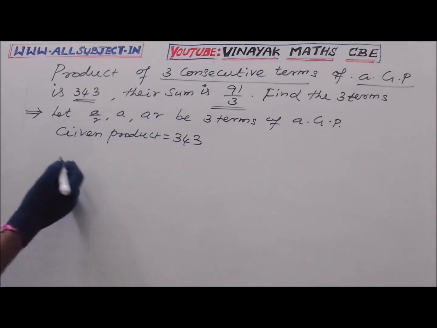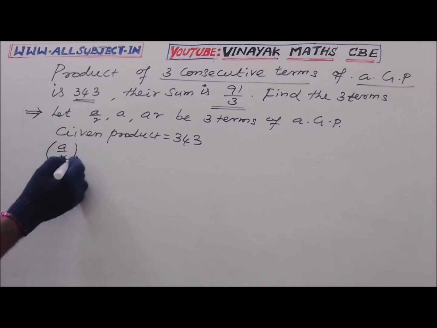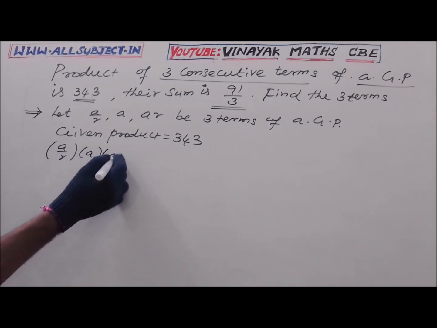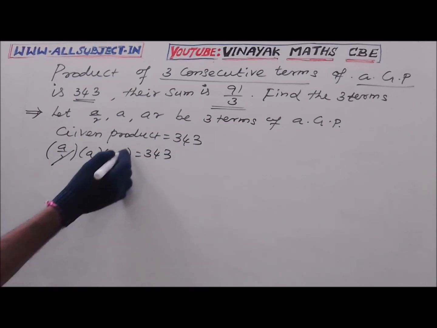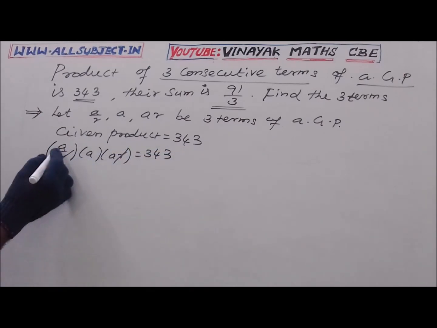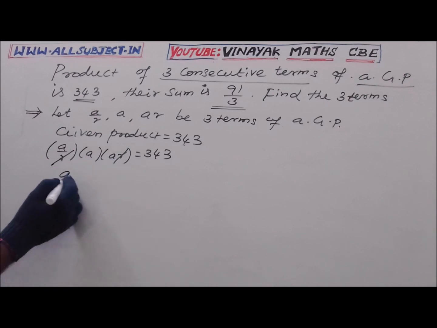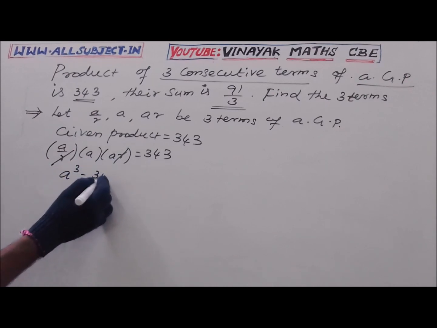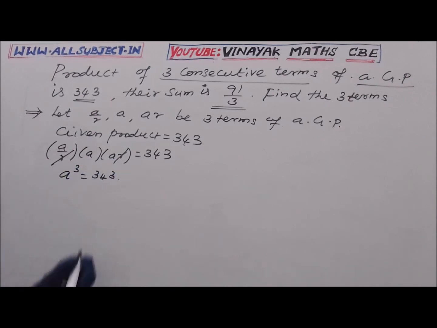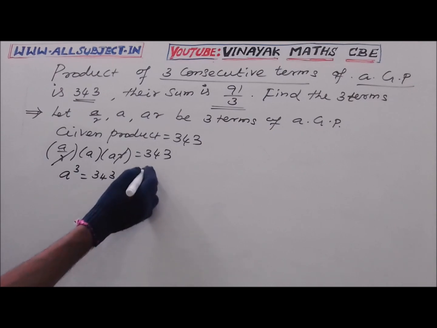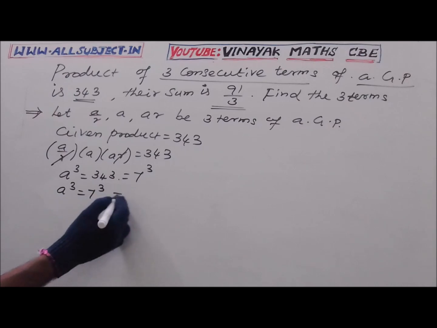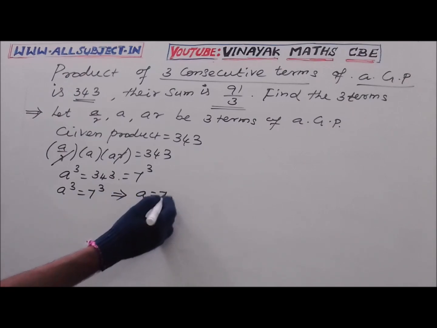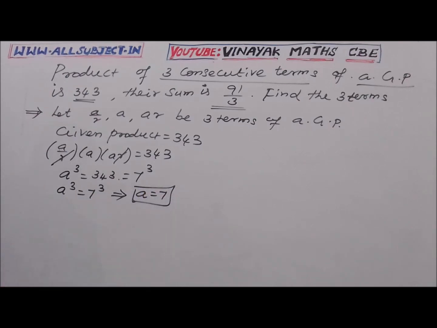So multiplying these 3, A by R into A into AR equal to 343. Here R and R get cancelled, remaining A into A cube, equal to 343. Now 343 is equal to 7 cube. So A cube equal to 7 cube, which implies the value of A equal to 7.